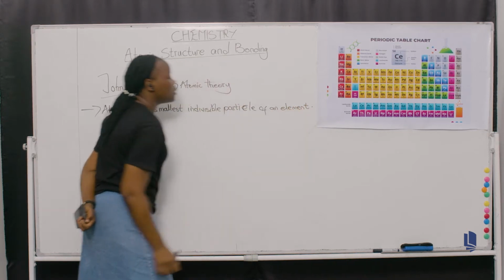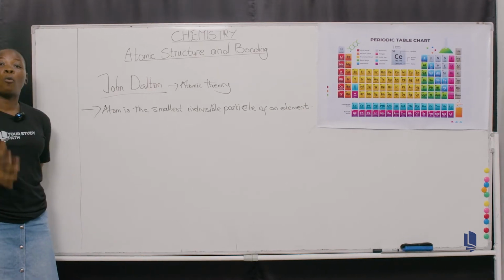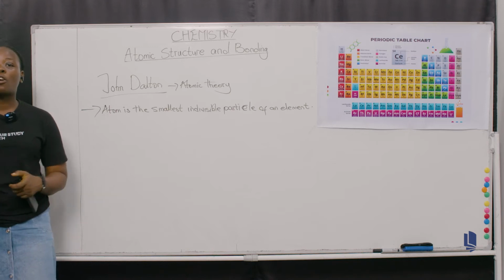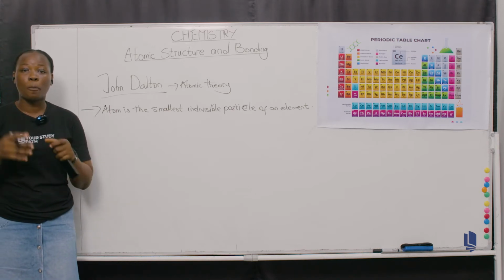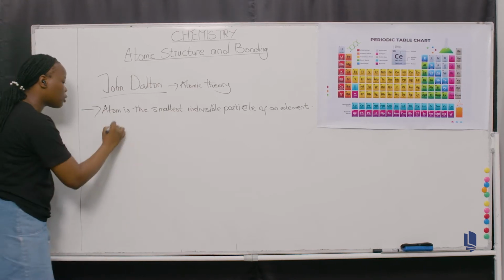This was valid for some time. And after a while, the discovery of the proton, neutron, and electron, which we know as the subparticles of the atom, nullified this theory.